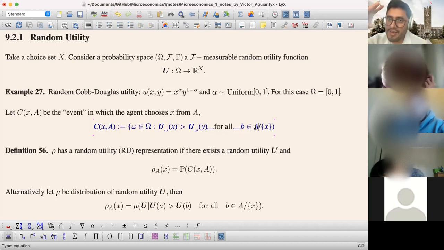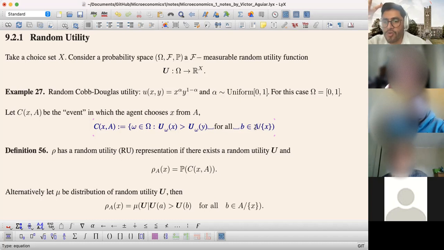Is hitting its limits. Because attention is a very binary thing. So when you are not aware of something, you do not choose it, right? So a way to trick the model to be able to capture the situation is by creating a mood in omega such that the alternatives that you're not paying attention to are ranked at the very end, such that you never choose them, right? But it's a trick. It's basically you are hacking the random utility model.